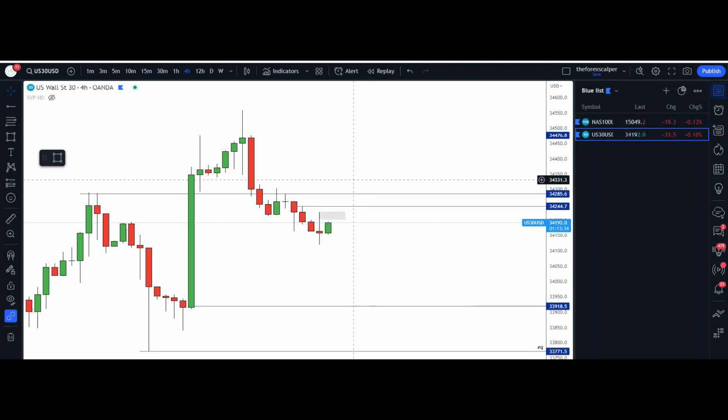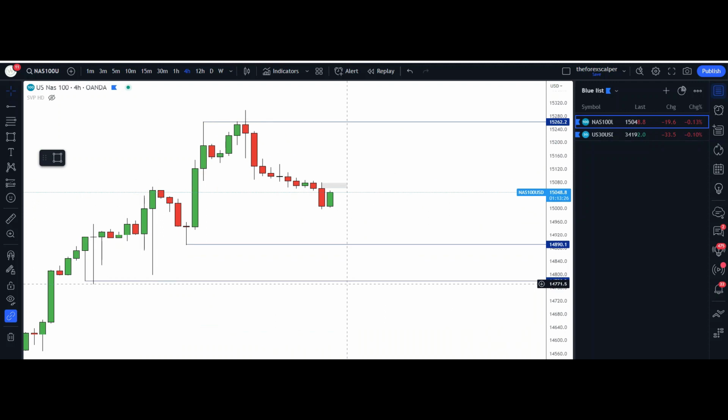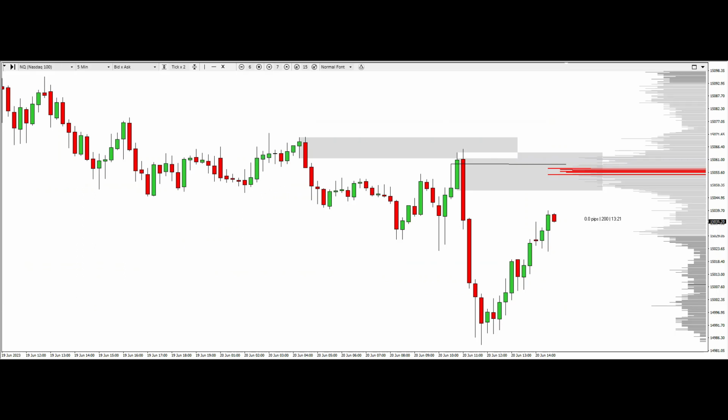On US30, we see almost an equal level. These two, US30 and NAS, are matching up nicely. Core focus we keep on this chart now for the Nasdaq, and we will see how this develops, and we will see if we can hit this range to see another leg to the downside. So the first wave was during the London session, and the New York session is probably going to be a bigger wave.